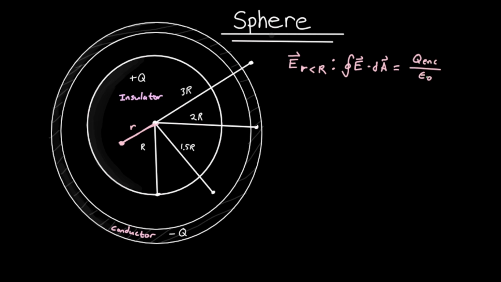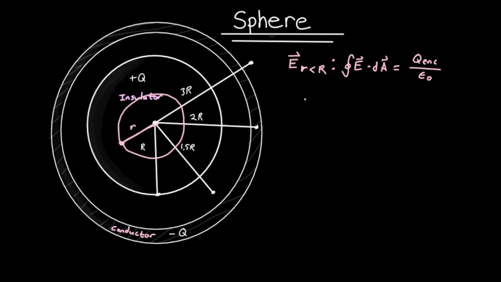Drawing out our Gaussian surface, we can see that the volume of the Gaussian surface does not enclose the total volume of the insulator, so therefore the enclosed charge cannot be the full plus Q charge. The only time that that happens is when our Gaussian surface fully encloses the volume of the insulating sphere, since it has a continuous and uniform charge distribution.